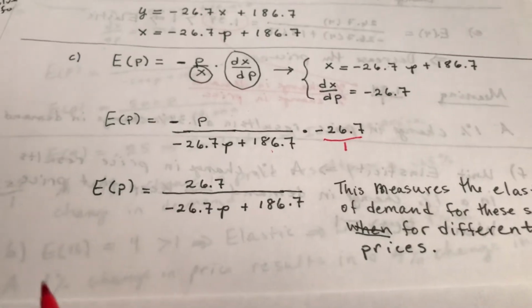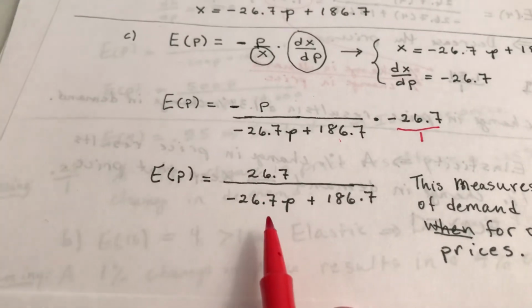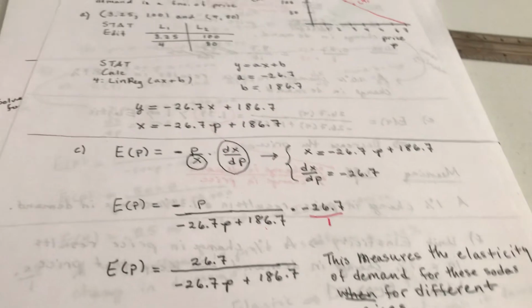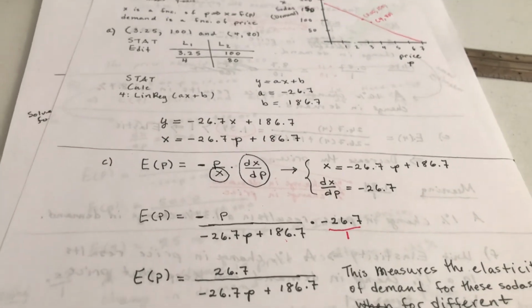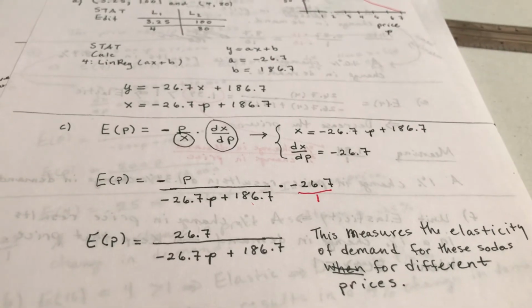So we can plug in different prices of P and calculate the elasticity of the demand. All right, so that is part C of this problem. I'm going to turn this off and we'll come back and do part D.